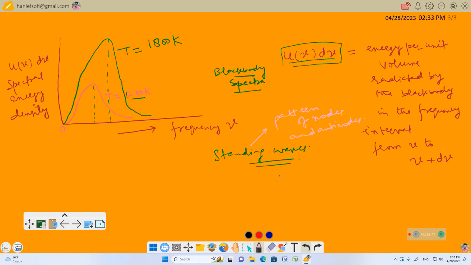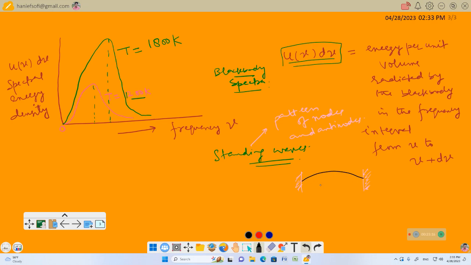You also know from your previous classes that standing waves can be created in a string. If this is my string, now you can create a standing wave in it. How do you create it?